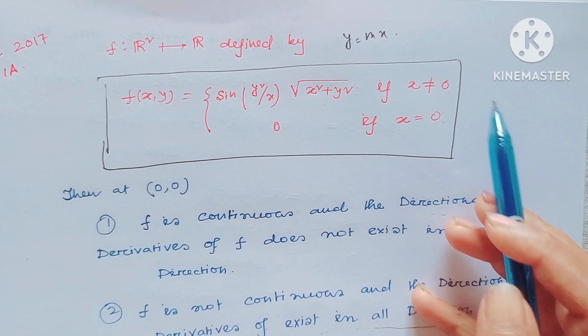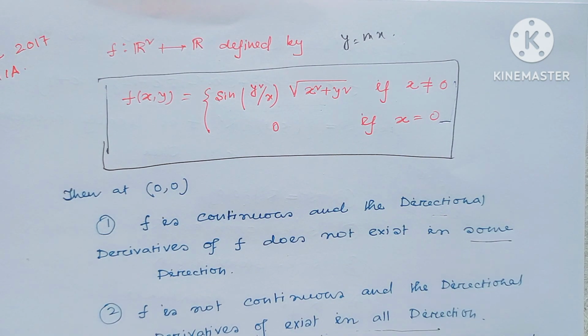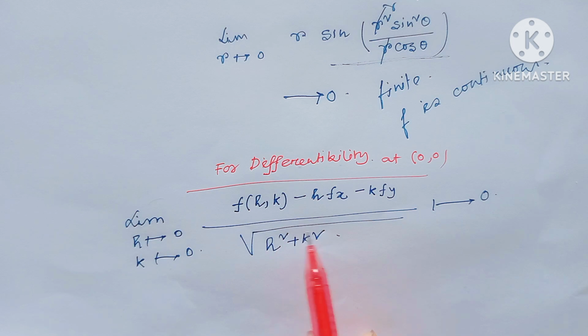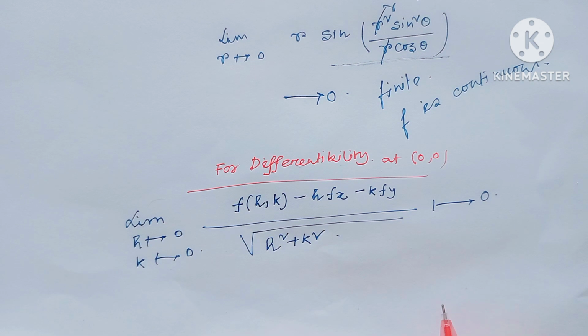So at first check differentiability at the point (0, 0). Differentiability at (0, 0) means: limit as h goes to 0 and k goes to 0 of f(h, k) minus h f_x minus k f_y, divided by square root of h square plus k square. If this limiting value tends to 0, then we can tell f is differentiable at the point (0, 0).